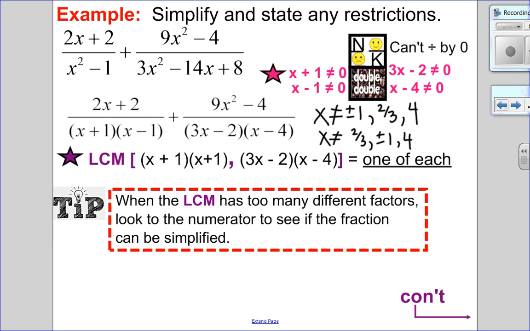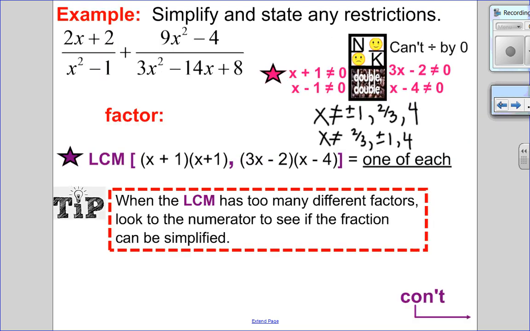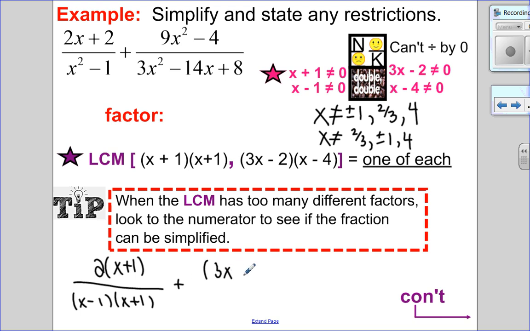So let's do exactly that. Over here, I'm going to factor the numerator and denominator just to see if I can simplify it a little bit further. In the numerator, I have a GCF of 2, over x minus 1, x plus 1. And then I have a difference of squares.